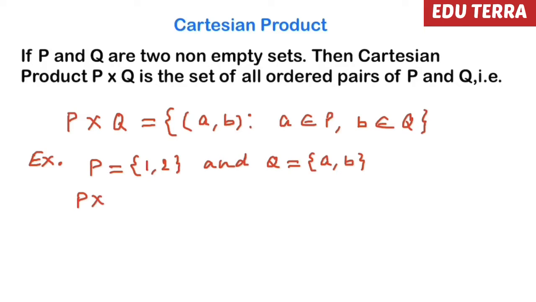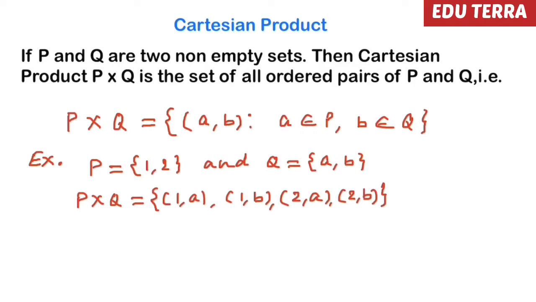So P cross Q equals, make a small bracket like that, (1, a), then (1, b), ordered pairs. It is ordered, so you cannot write it as (a, 1). Then (2, a) and (2, b).